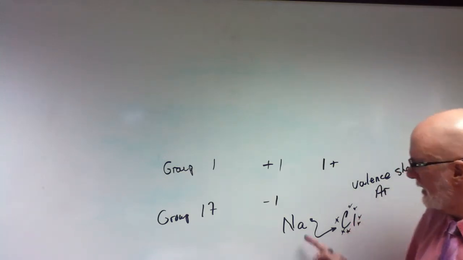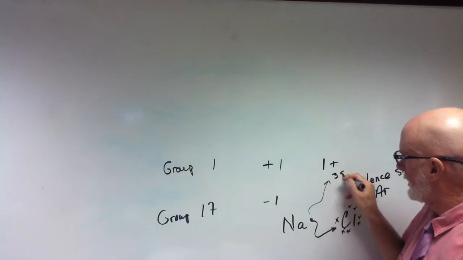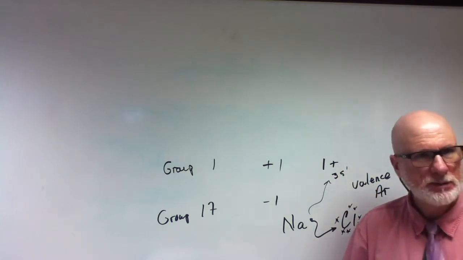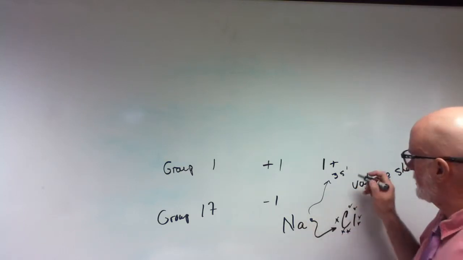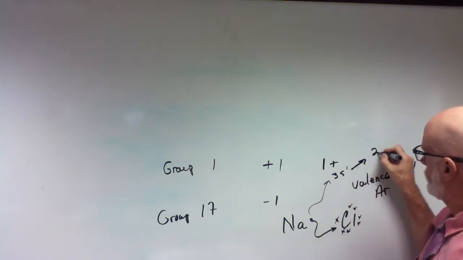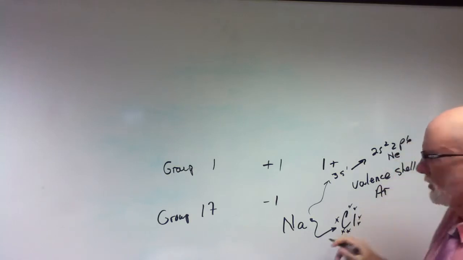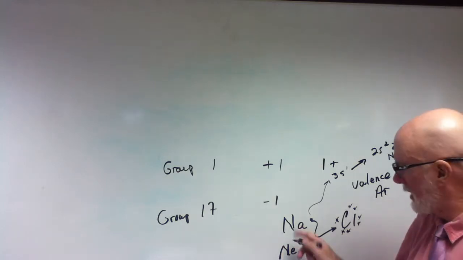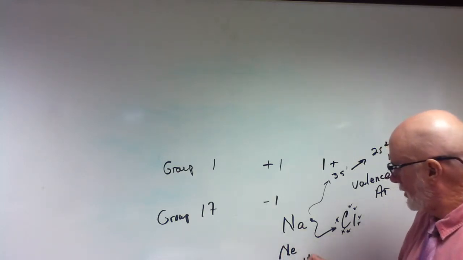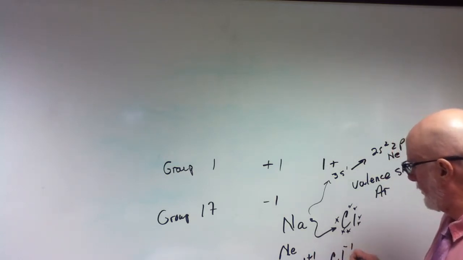And this is a 3s1 electron. Therefore, what's left is 2s2, 2p6, like neon, correct? Right. So this has the neon shell.